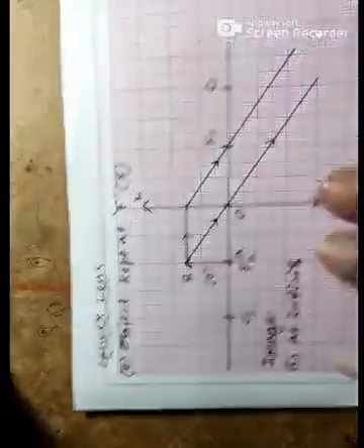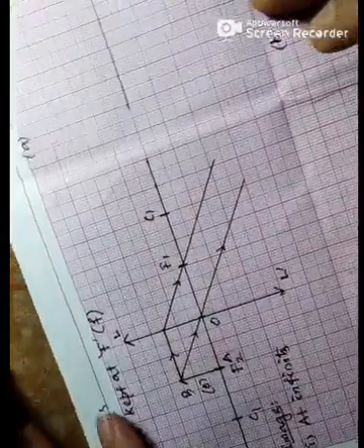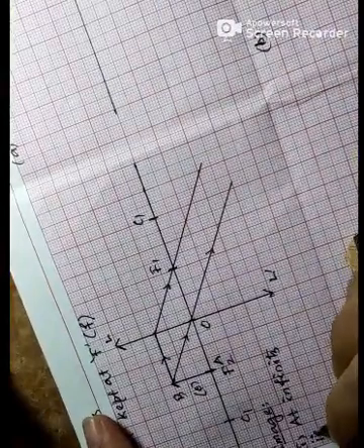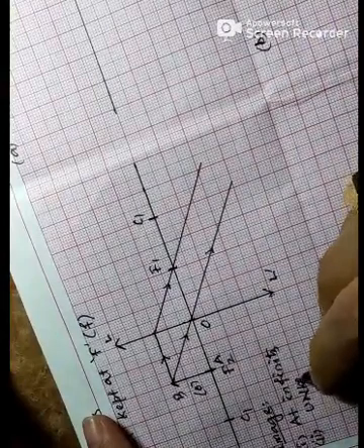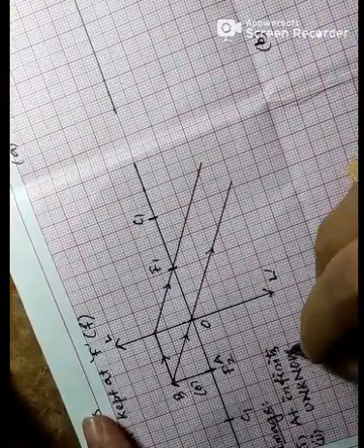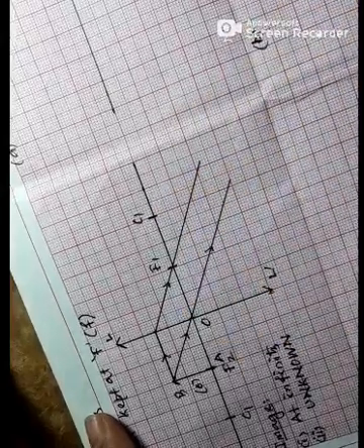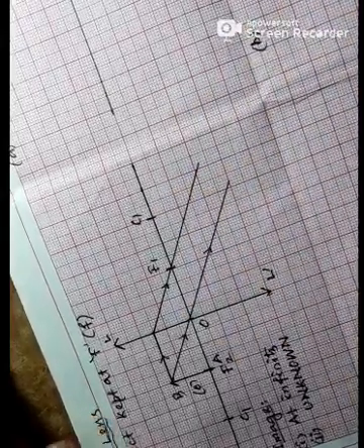But here, if the object is kept at focus, the image is going to form at infinity. And the nature is unknown. Because where it is going to form we don't know. So we write as the nature is unknown.